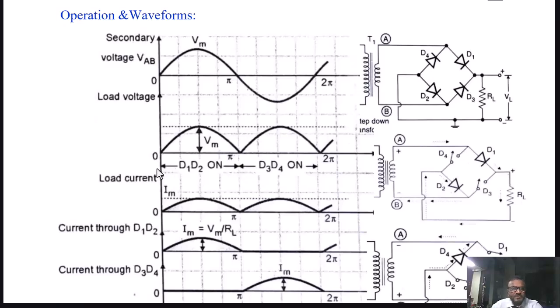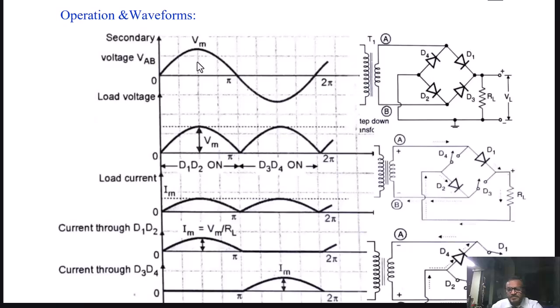And therefore, if you see the load voltage waveform, here the second waveform, during the positive half cycle, the interval 0 to pi, you will see that the load voltage waveform is the same as the input voltage waveform.